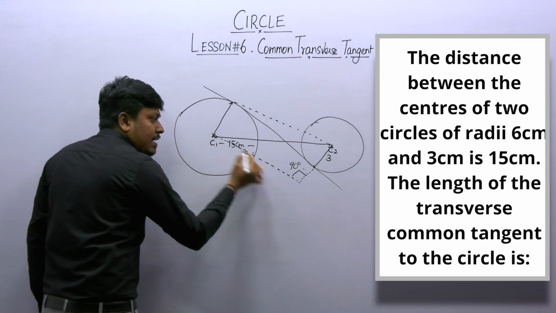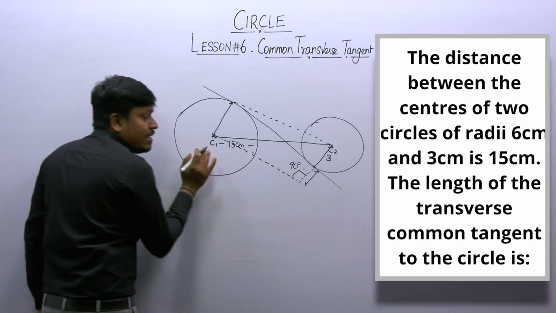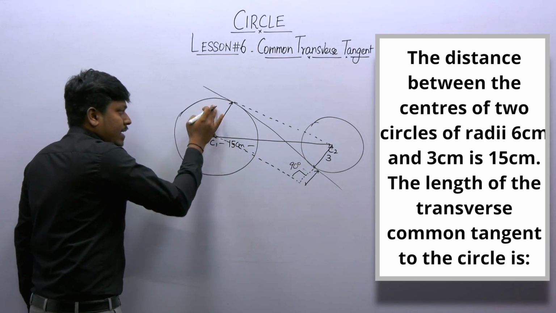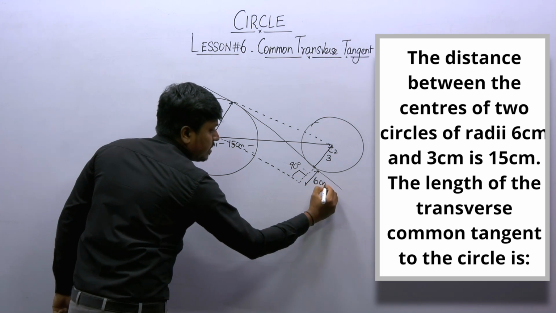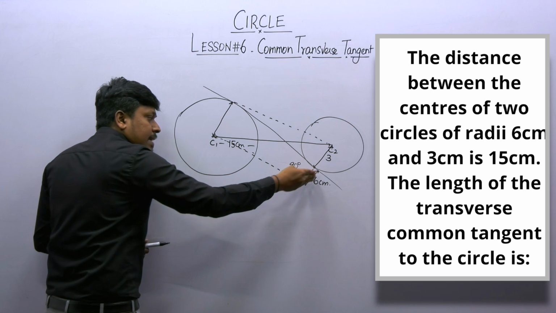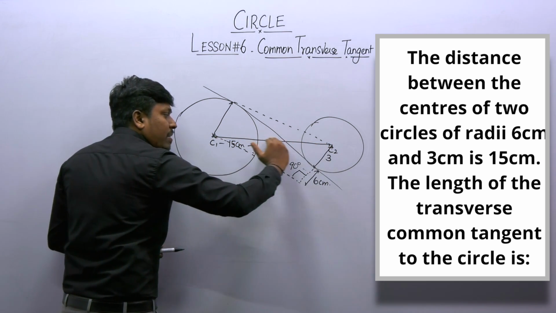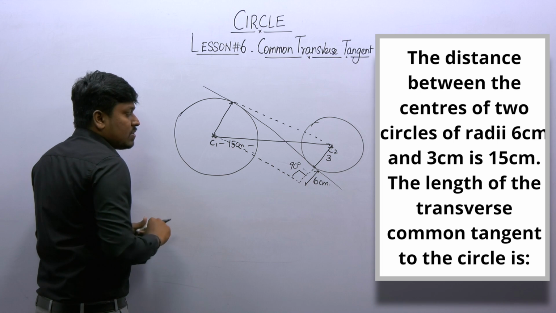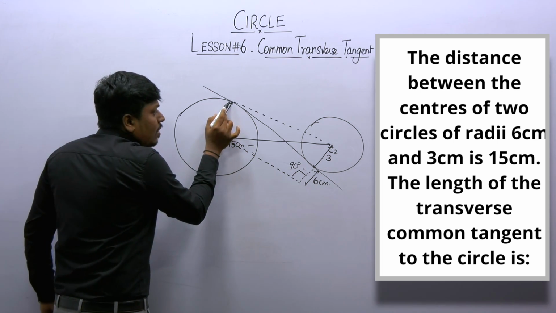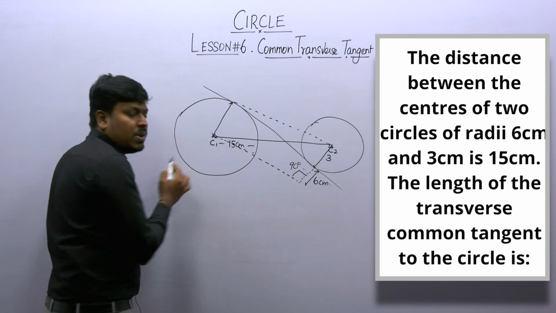If this is a right angle triangle, this will be 3 centimeter, and this part will be the radius of circle number 2. So the radius of circle number 1 is 6 centimeter. Finally we can say that this total distance is 9 centimeter, and the distance between the centers is directly given in the question, which is 15 centimeter. Now our target is to find this common transverse tangent. This line and this line are both equal in distance.